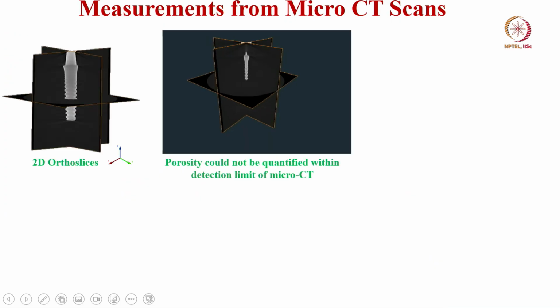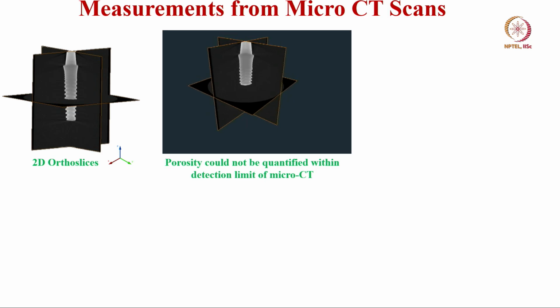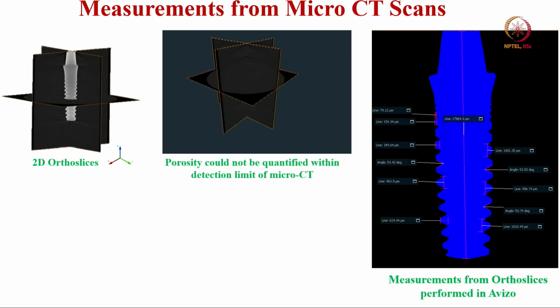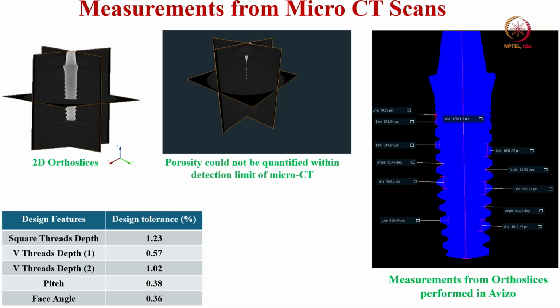Now, from the microCT measurements, we are interested to see whether the 3D printed implants have any porosity, but we could not find any porosity within the detection limit of the microCT when we investigated several of the 2D ortho slices. One of the main things for 3D printing is to see whether the dimensional tolerance can be maintained at different locations.